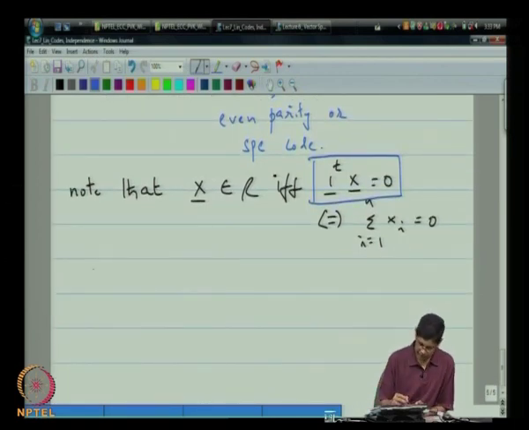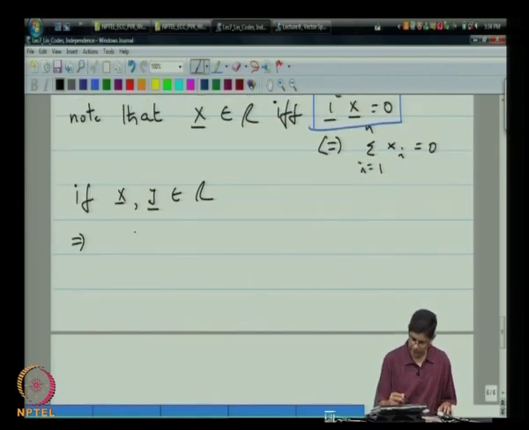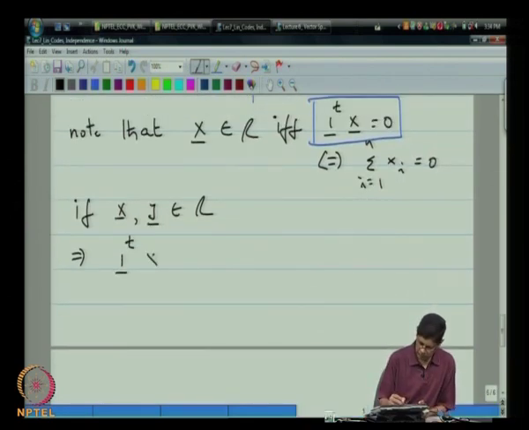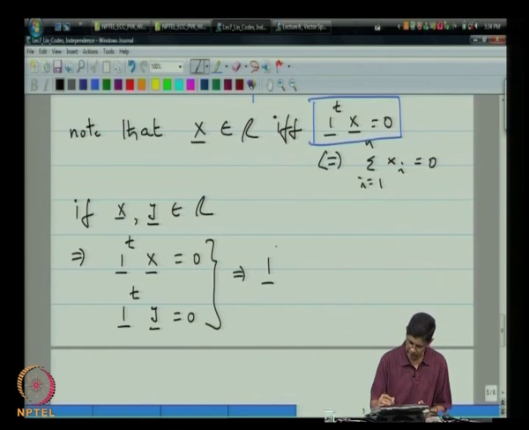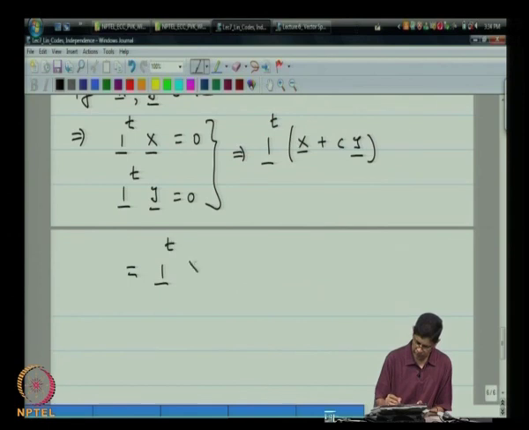And so, now if x and y belong to C, then that implies that 1 transpose X is equal to 0, 1 transpose Y is equal to 0, but together these imply that 1 transpose of X plus CY is equal to 1 transpose X plus C times 1 transpose Y, and now you know that individually these two terms are 0.